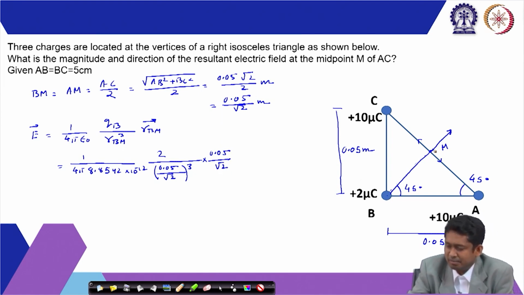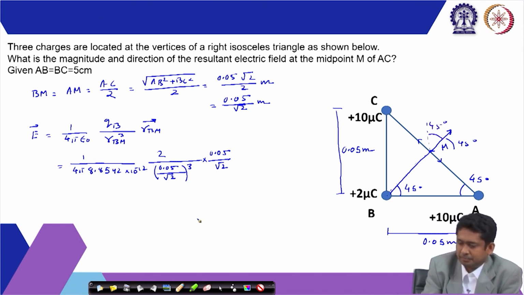So, this line makes an angle of 45 degree here and a line 45 degree here.